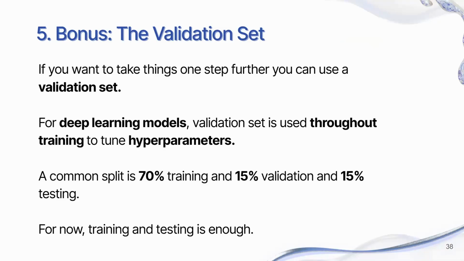So when you train, you're still going to train on the 70% of the training data, but while it's training, let's say after every iteration, you will put your model through the validation data set to see how well it's working. Does that make sense so far? It doesn't train on the validation set, it trains on the training set. But after a couple iterations, you see its performance in the validation set. If the performance is not improving, you can either just quit or you have to make adjustments to the model.